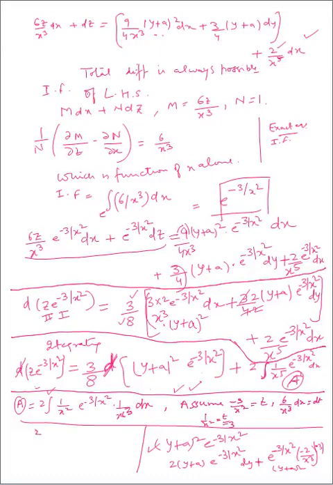So 2 t upon minus 3 e to the power t, and 1 upon x cube dx is dt upon 6. So this becomes 3, and this is minus 1 upon 9 integral t e to the power t dt.